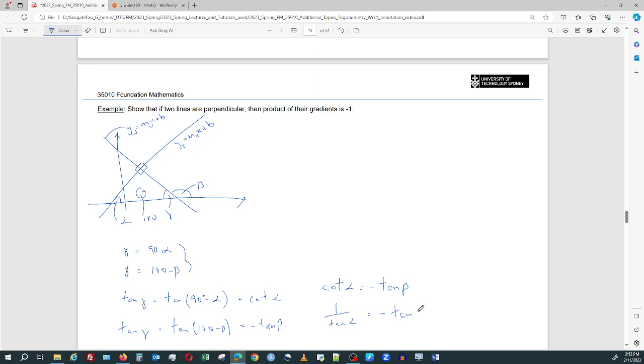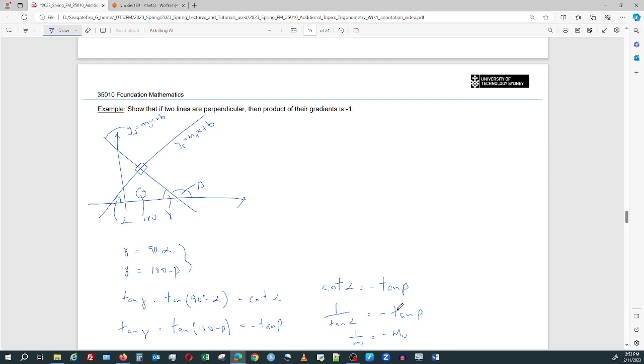And in solving this, we can call these the rise over the run. So we get 1 over mt is equal to minus mn.